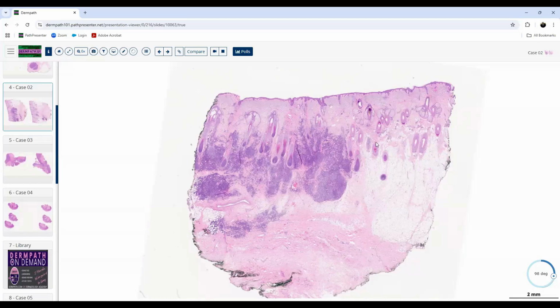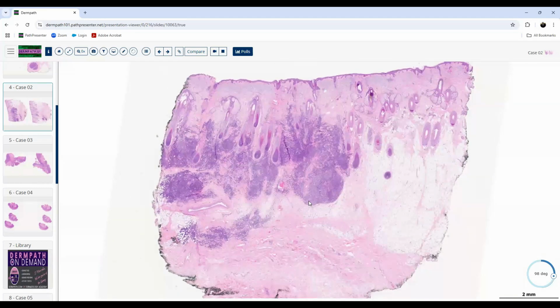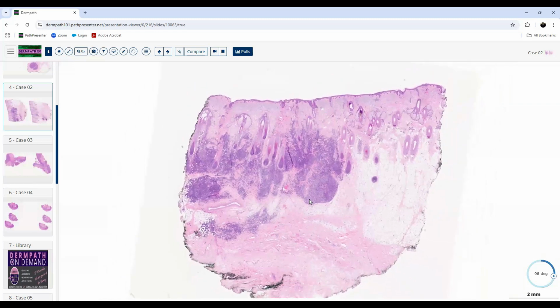In terms of well circumscribed, on the rightmost portion of the specimen, if you were to zoom in, I can see something that resembles a follicle with these pale circles, which are in the wrong location. They should be in the center of that structure, but they're on the periphery. So altogether, I'd be in favor of a malignant neoplastic process.